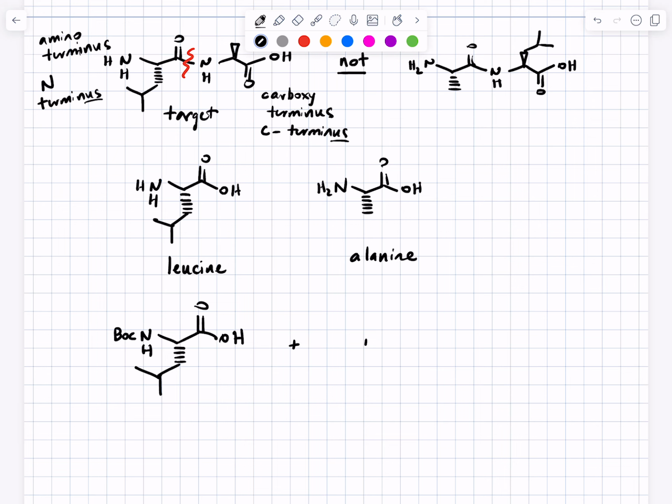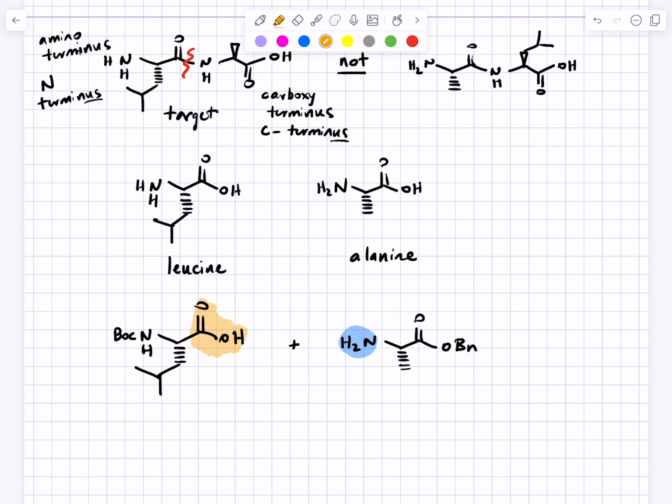And then I want to use alanine with the carboxylic acid group benzyl ester protected, so that the only thing that can happen to alanine is use of the amino group as a nucleophile.